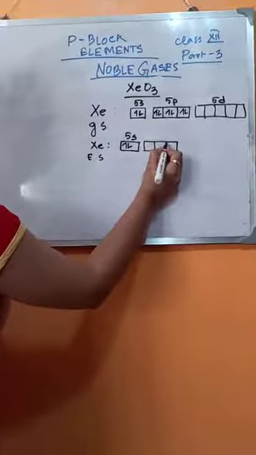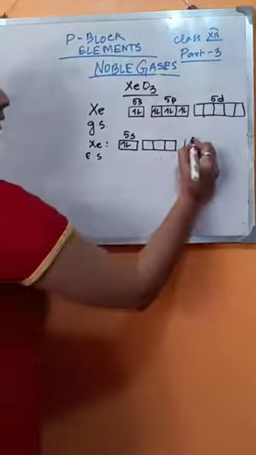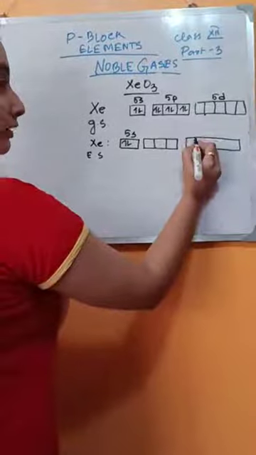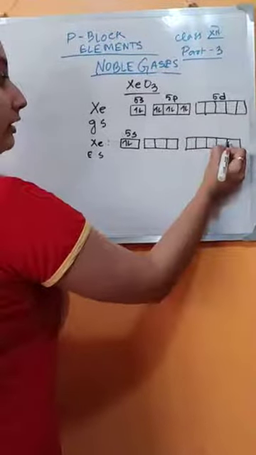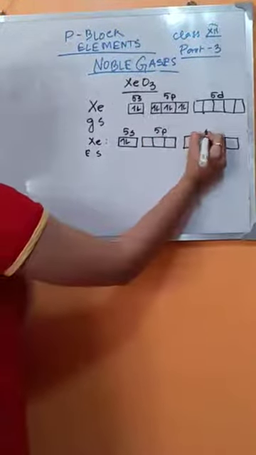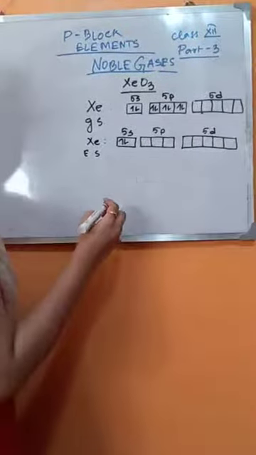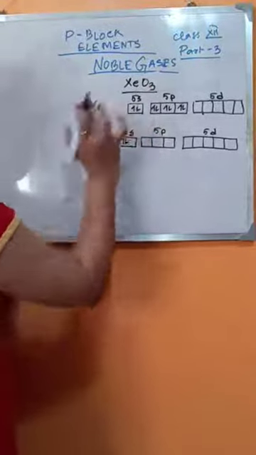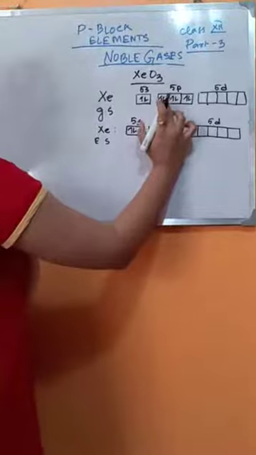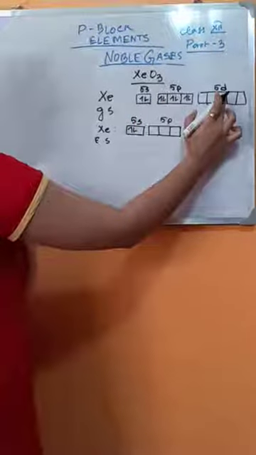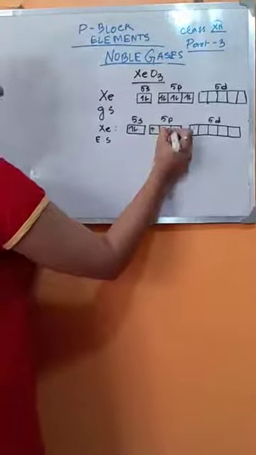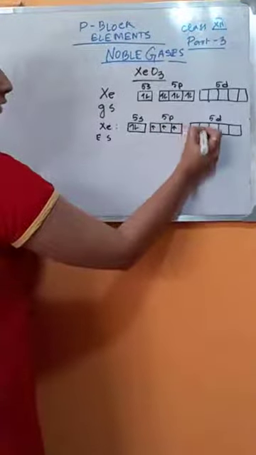This is different from the fluorides, because oxygen forms a double bond, one sigma bond and one pi bond. So this is a bit different from the normal xenon fluorides. Here 3 oxygen atoms are there, so there will be transition of 3 electrons from the p to the higher energy d orbitals. 3 electrons will go to the d orbitals.